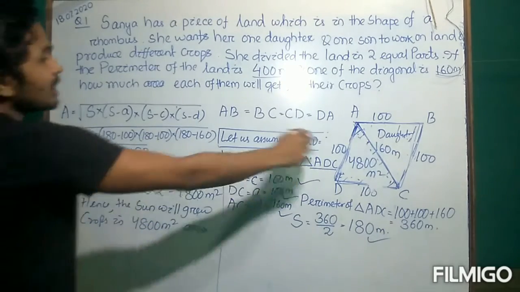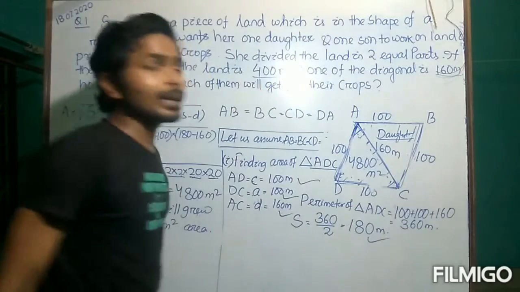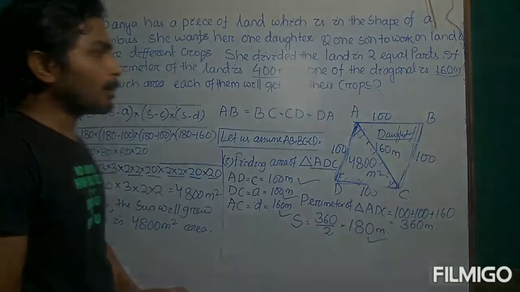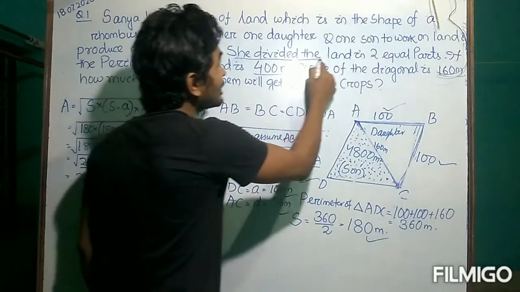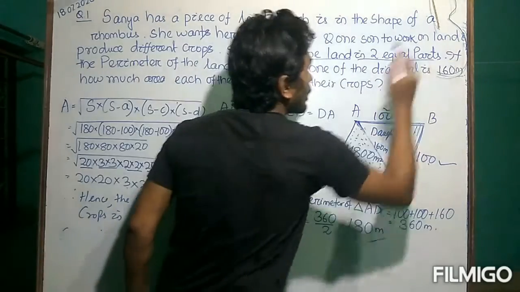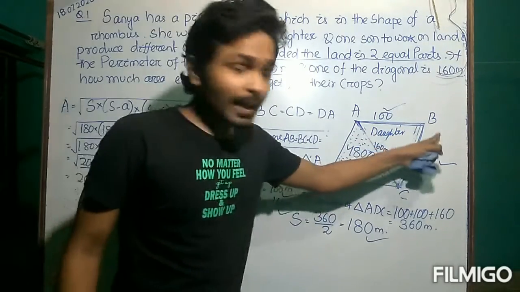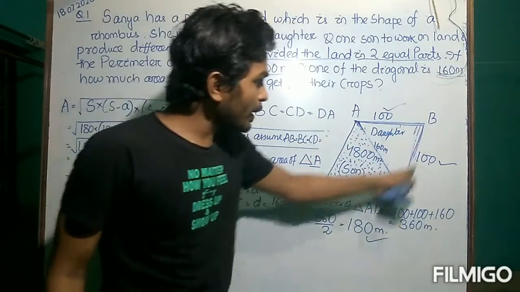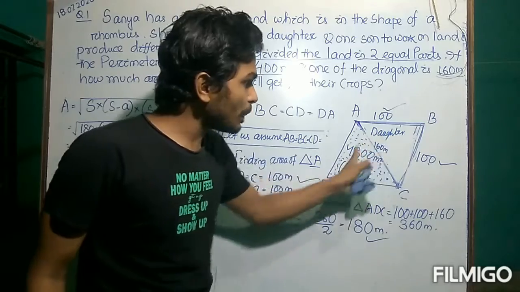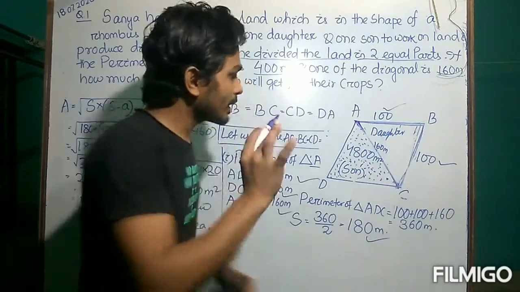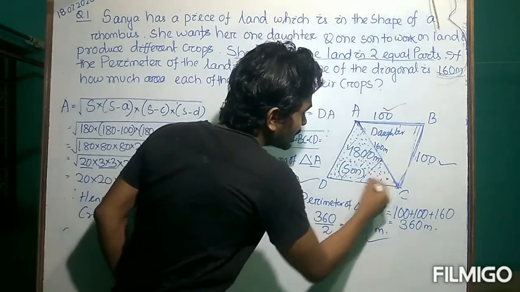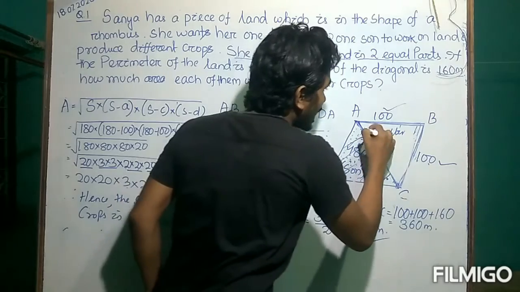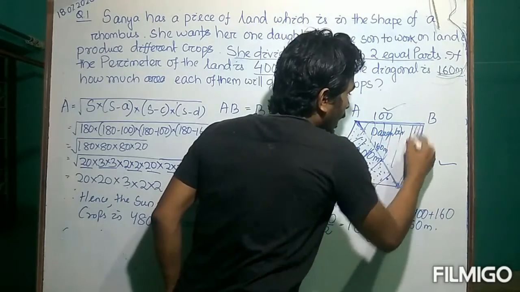Now we need to find the area in which the daughter will grow crop. But it is given in the question that she divided the land into 2 equal parts. It means she divided this rhombus into 2 parts, and the 2 parts are equal. The area of this part is equal to the area of this part.